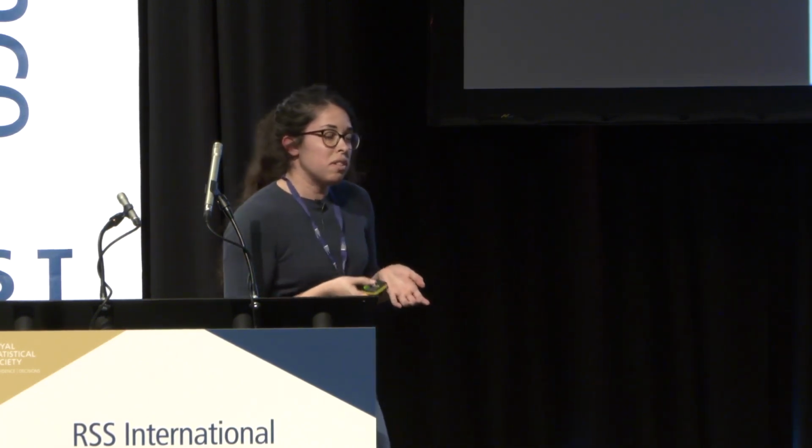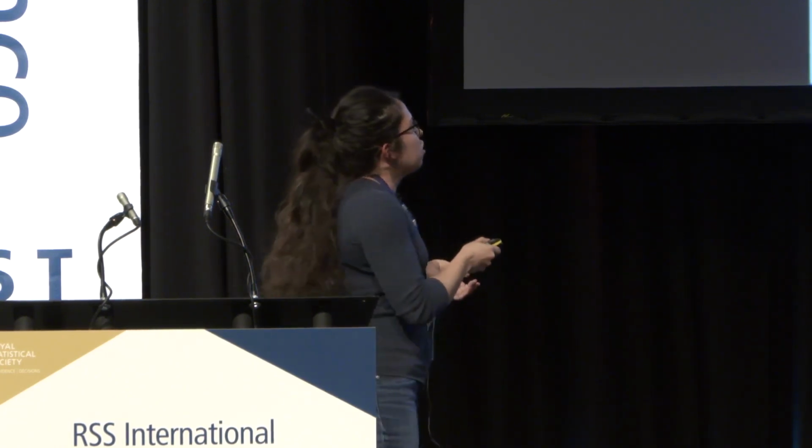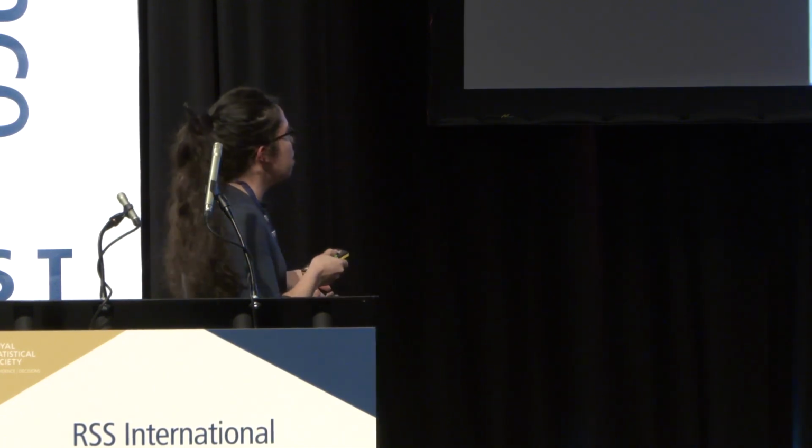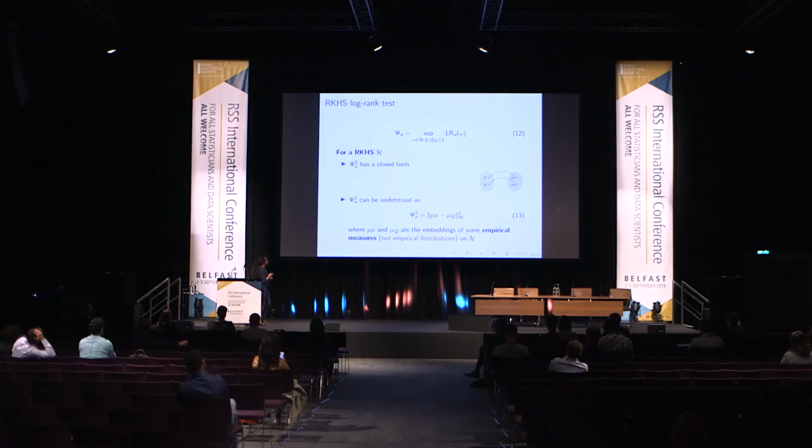If the null hypothesis is true, and this theta parameter is equal to 0, it doesn't matter what function omega you put here, this should be close to 0. This seems very difficult to compute, but it's not. If we pick an RKHS of functions, this has a closed form. You can evaluate it exactly. You don't need to approximate it.